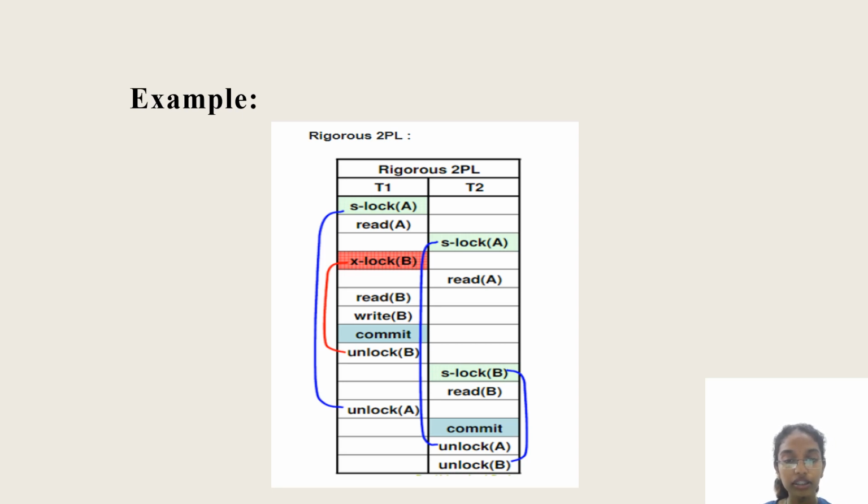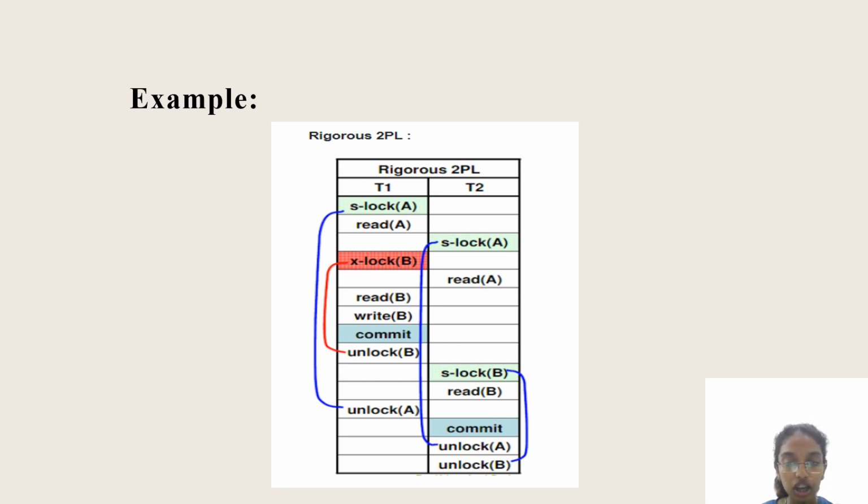We can see that there is an S lock on A. It reads A and then commits, and it also acquires a shared lock on B.